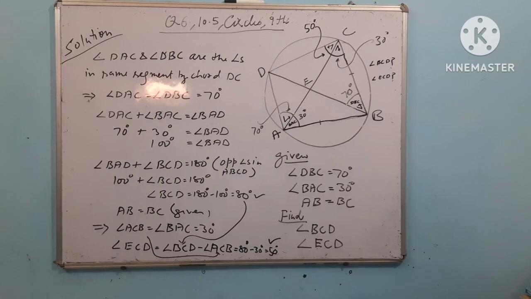Further, we are given that angle BAC is equal to 30 degrees and angle DBC is equal to 70 degrees. And we have to find the angle BCD.